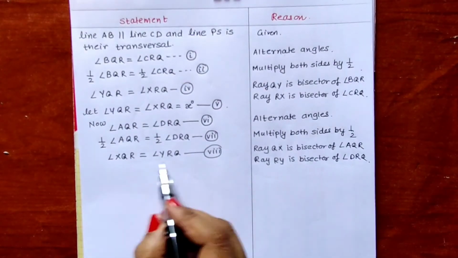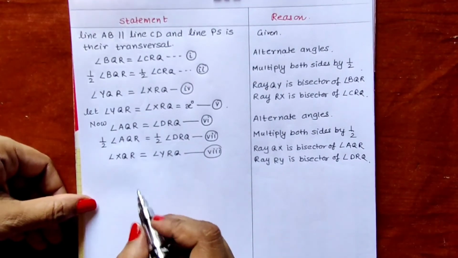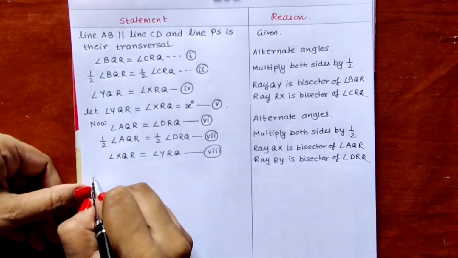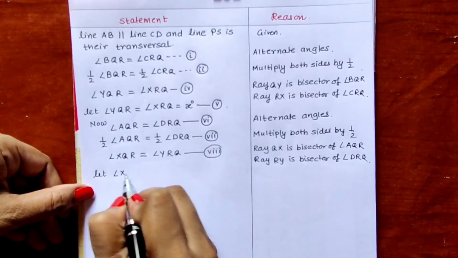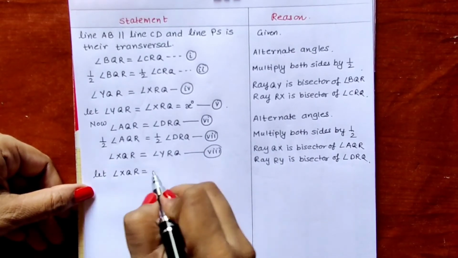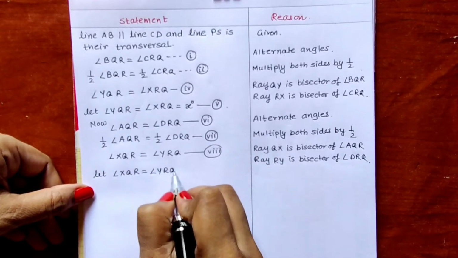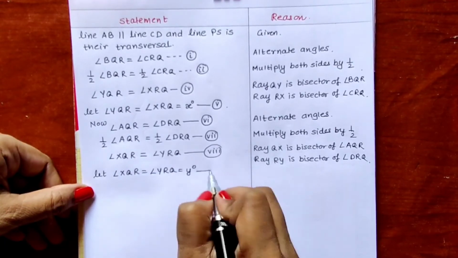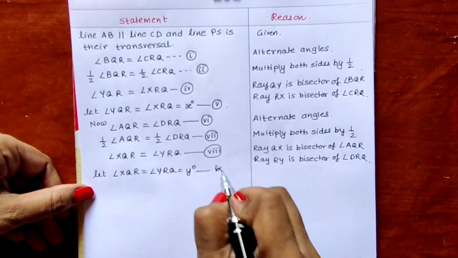So in this way we have got these two angles which are congruent with each other. So let us take any measurement for this. XQR is equal to YRQ is equal to, let us say, y degree. Okay, this will be our ninth statement.